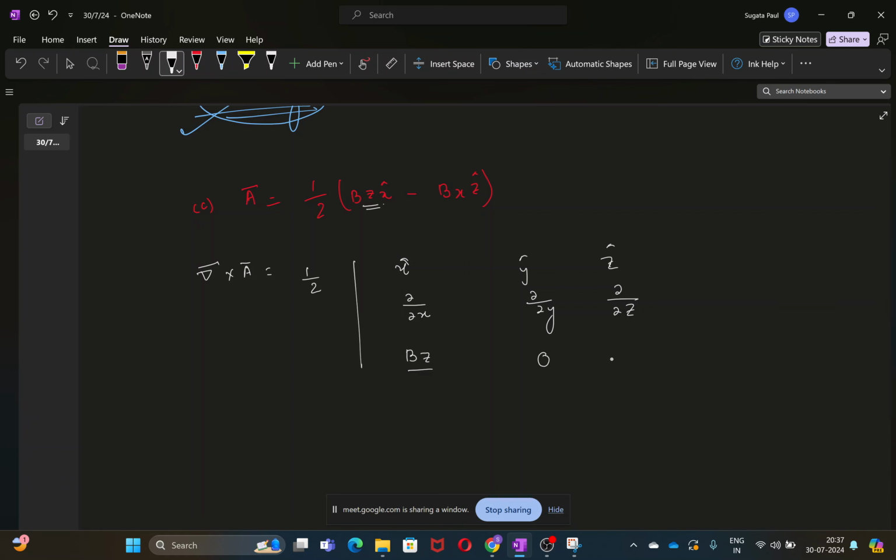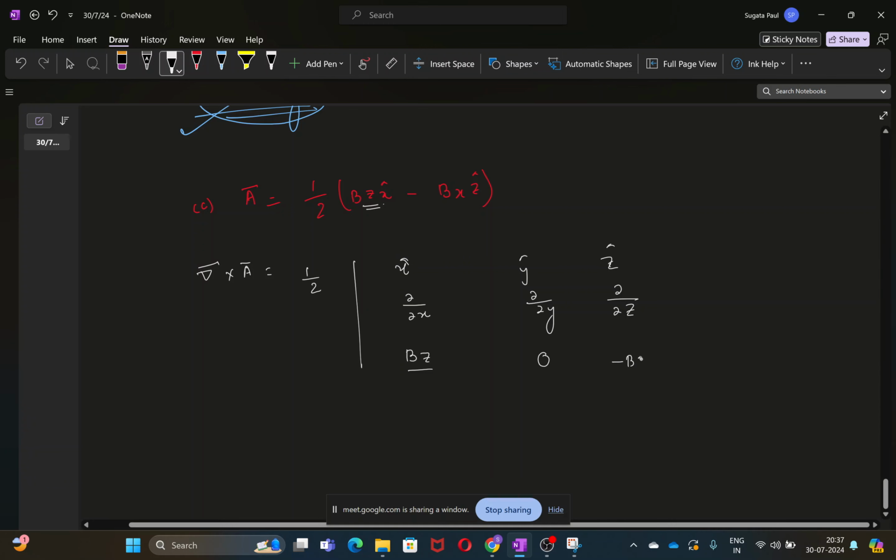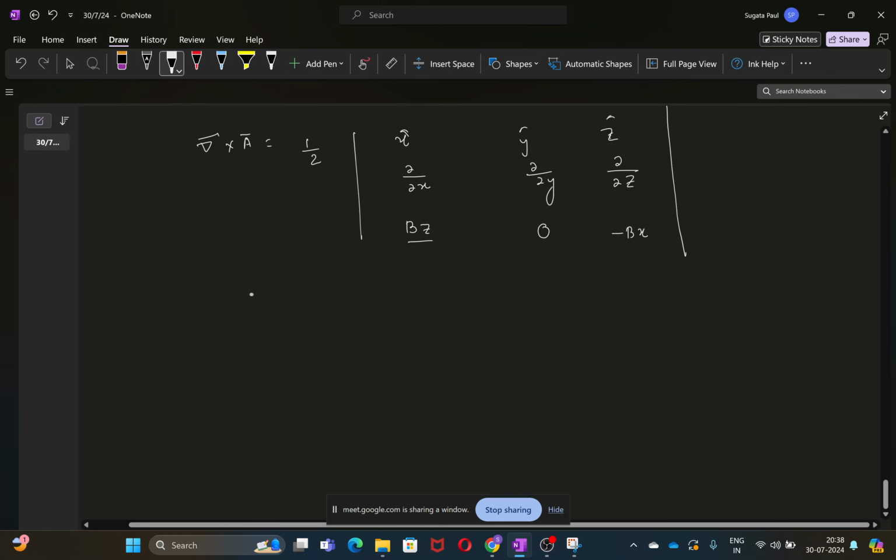So the z component of the vector potential is minus Bx. Now calculate it. So this is x cap. Now take the cross, del y of minus Bx.